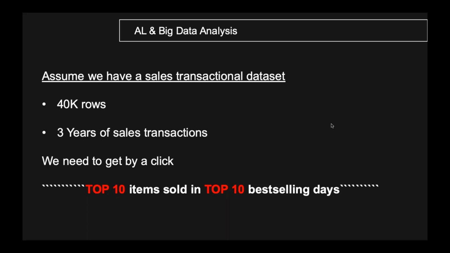So assume we have a sales transaction dataset with 40,000 rows and about 3 years of sales transactions history, and we should have a button in our extension to get the top 10 items sold in top 10 best-selling days, right? So once again, top 10 items sold in top 10 best-selling days.